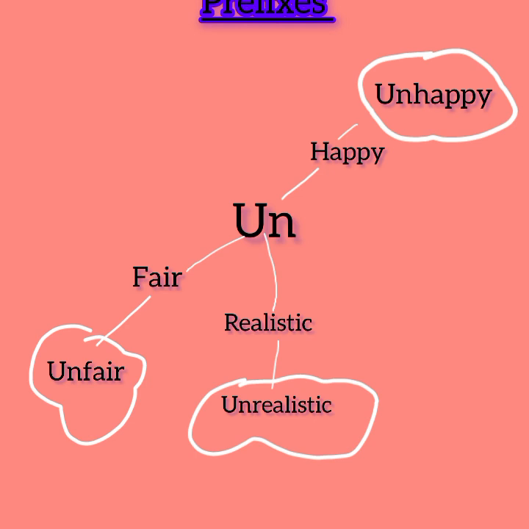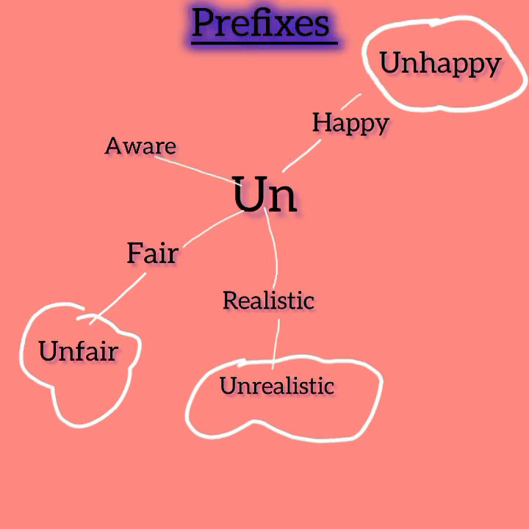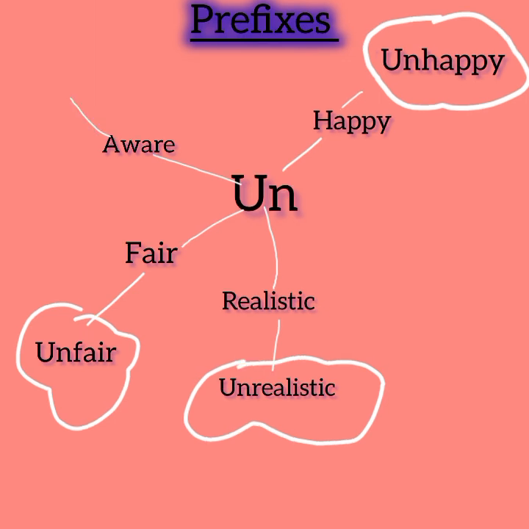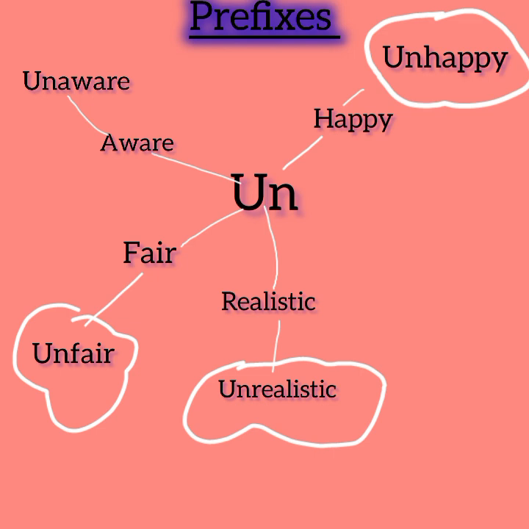Okay, let's take the example of another word, which is aware. The word aware means having knowledge or perception of a situation or a fact. When you are conscious about something, something like that. When we add un to it, it becomes unaware, which is the opposite of the word aware.